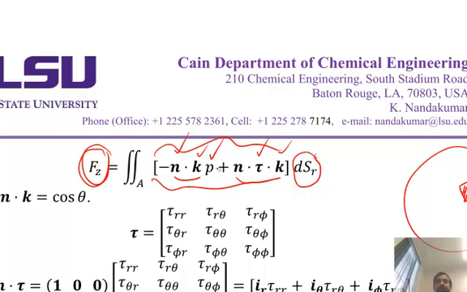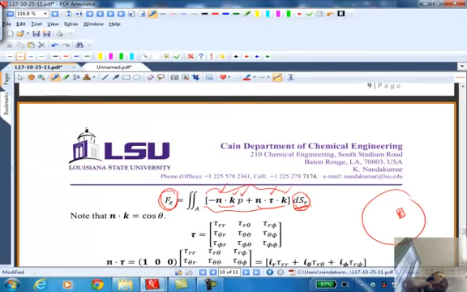I'll show you how to do that. And then I have dS. This is in fact the same problem that you did in one of your earlier assignments for just hydrostatics, when I asked you to calculate the force on a curved surface. You found out the normal, you found out the area, and you found out the pressure, right? Now we have, in addition to pressure, the shear stress as well, because it's a flowing system.